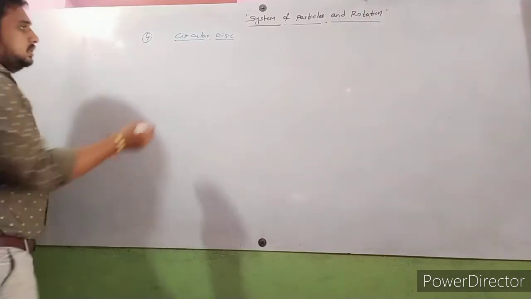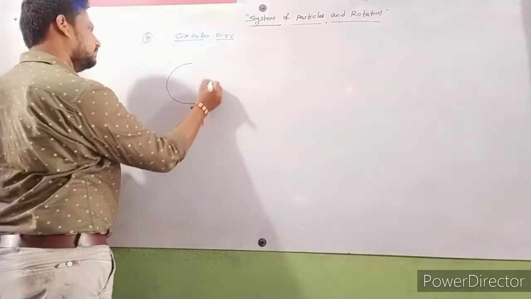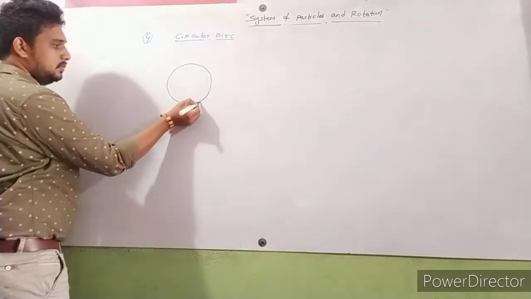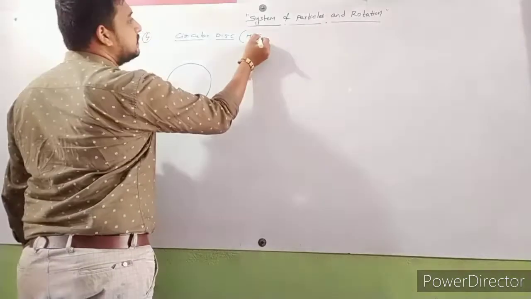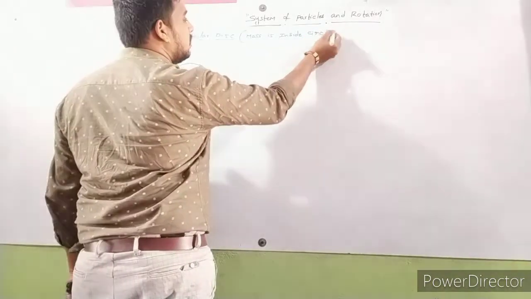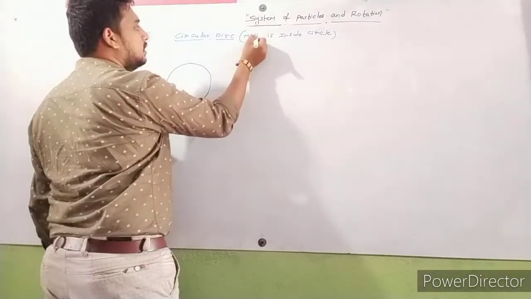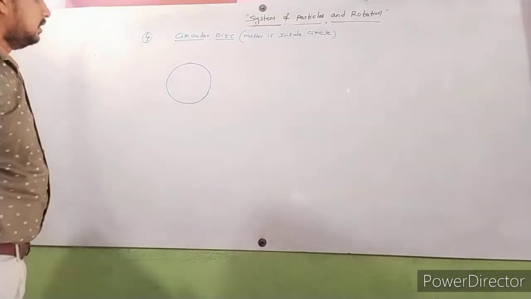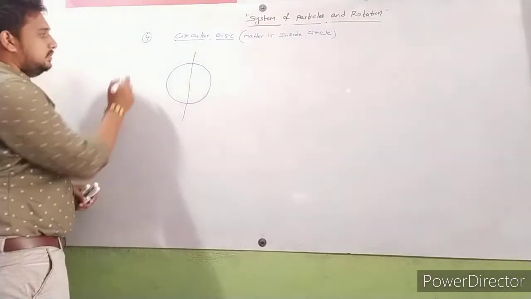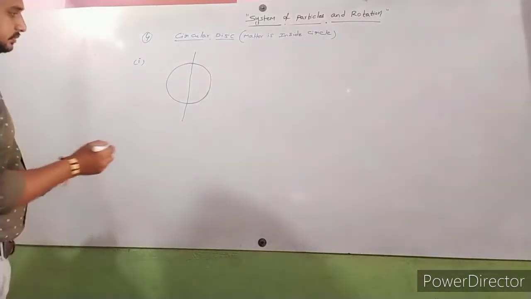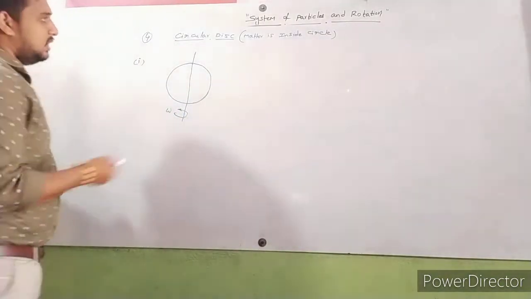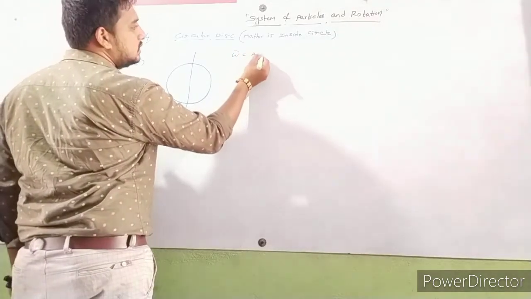For the circular disc, the mass is inside the circle. So this is case 1. Here omega means angular velocity.